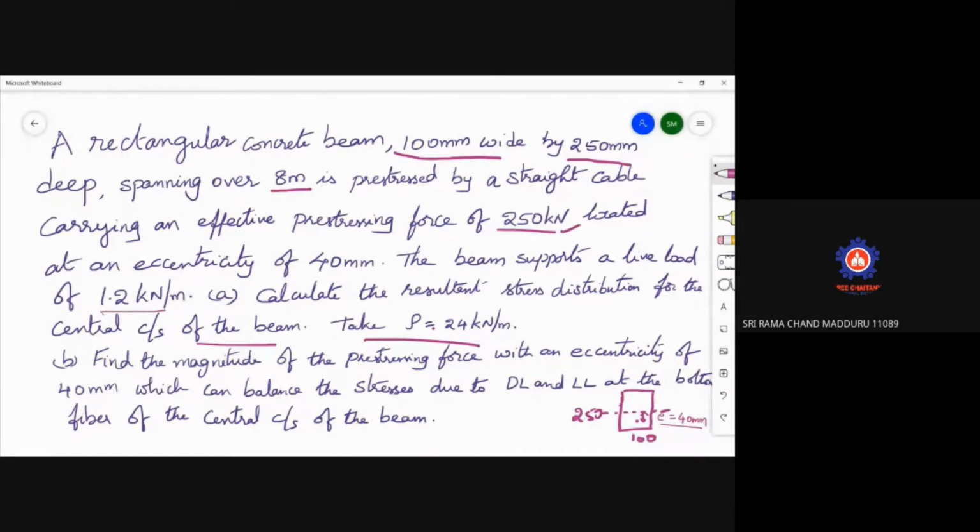So first of all, calculate the cross-sectional area. A is equal to 250 into 100. So in terms of mm square, you will get 25 into 10 cube mm square. That is the cross-sectional area.